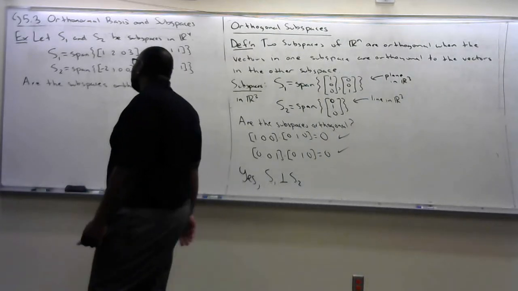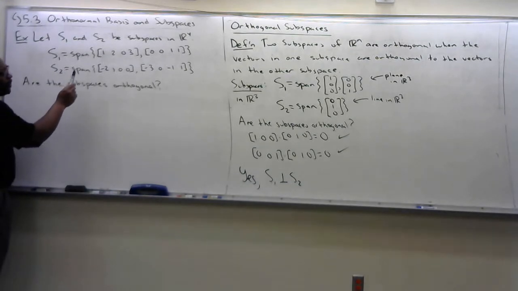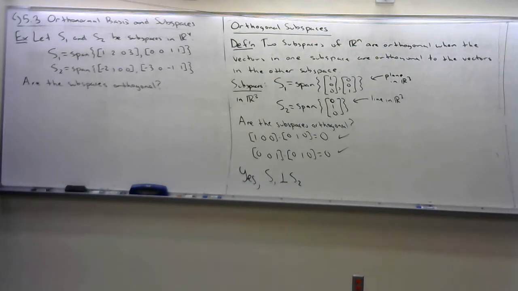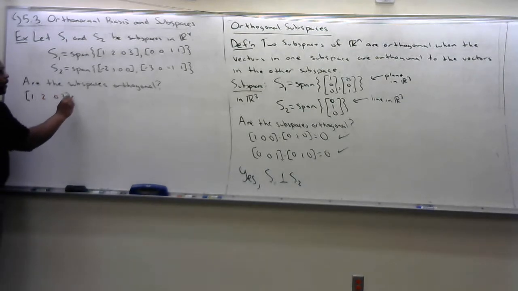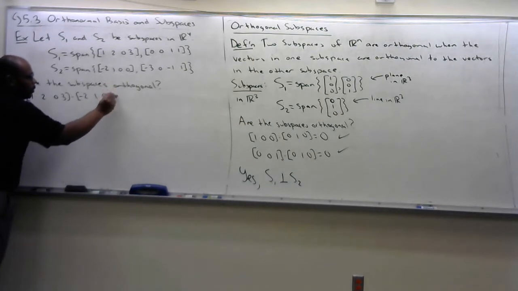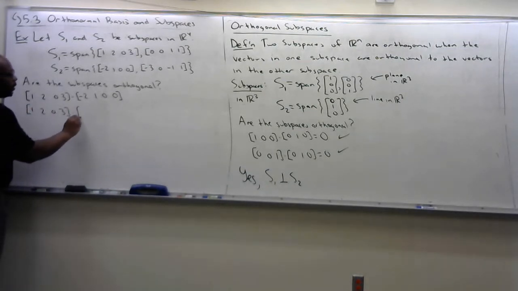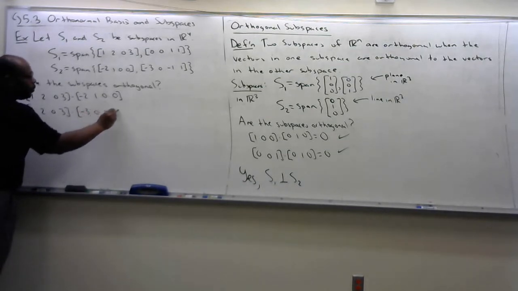To do that, I need to check all possible combinations of the vectors of S1 with the vectors of S2. So let's do that. I'm going to take (1, 2, 0, 3) dotted with (-2, 1, 0, 0). Then (1, 2, 0, 3) dotted with (-3, 0, -1, 1).